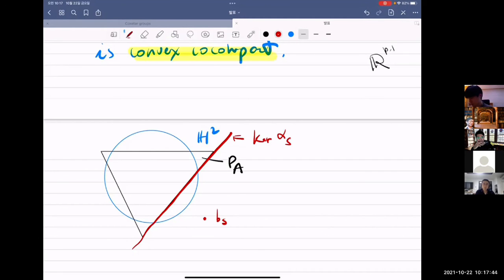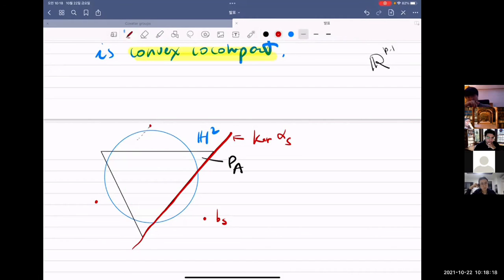Of course, if I take this part, then it will be everything, right? But we want to find some convex closed set preserved by this reflection group, right? So how can we do it? It's quite a simple idea, but it's important.